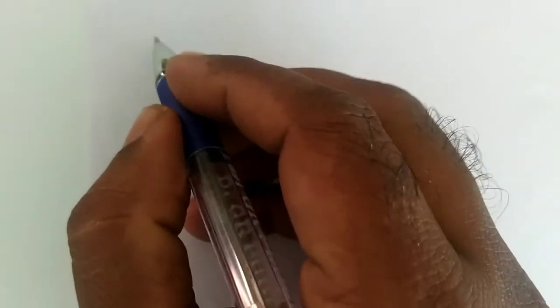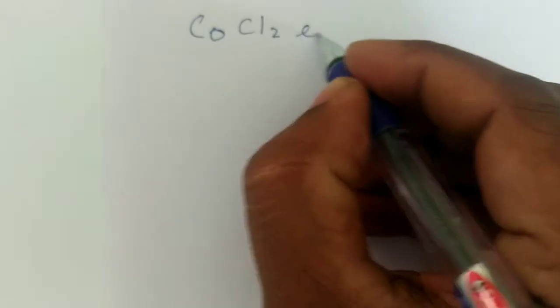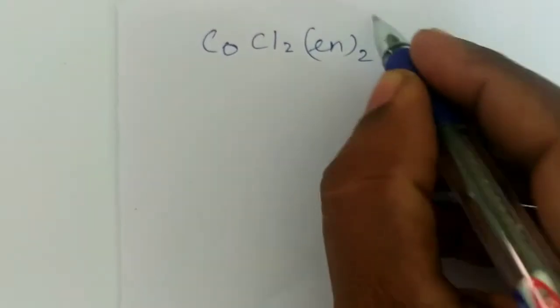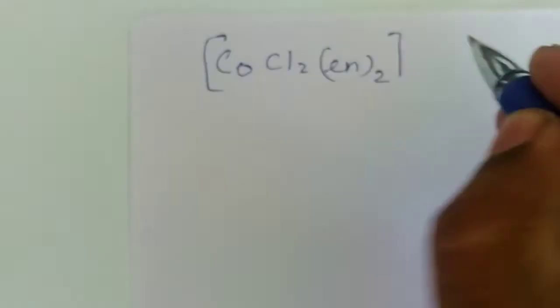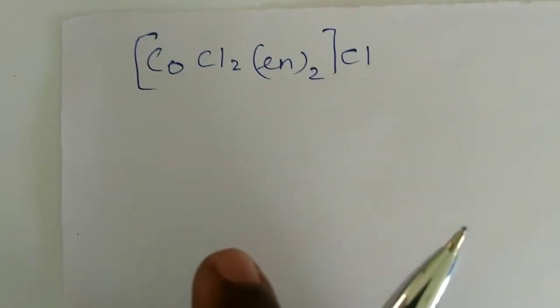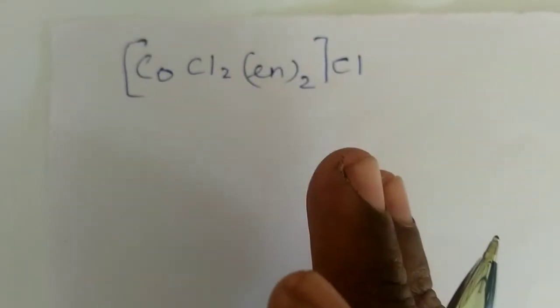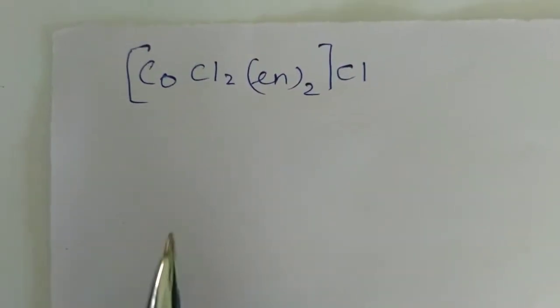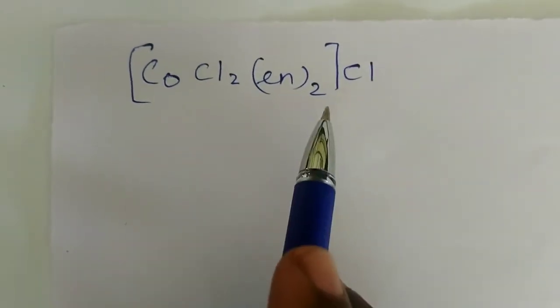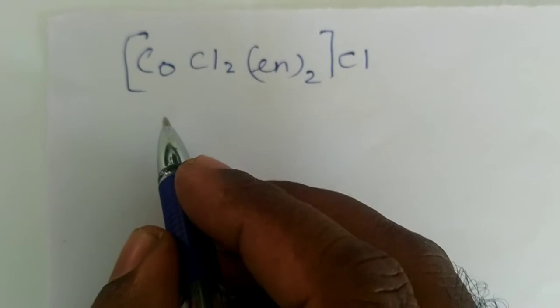Next we have to write the name of the complex [CoCl2(en)2]Cl. For writing the name, as usual, first we have to write the name of the cation. The cation is the coordination part, so we first write the name of the ligands.